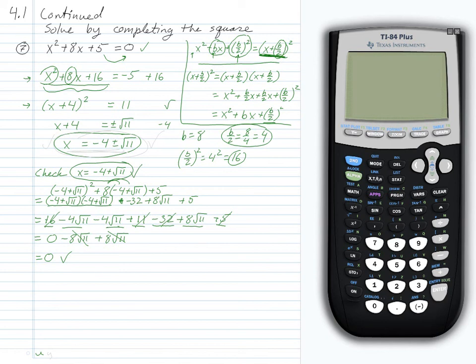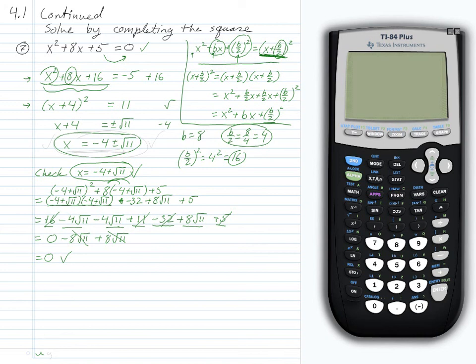I'll do the other possibility in the calculator, although the solution process would look very similar. If I store negative 4 minus root 11 in the variable of x, it turns out to be negative 7.31662479. Probably goes on pretty much forever.